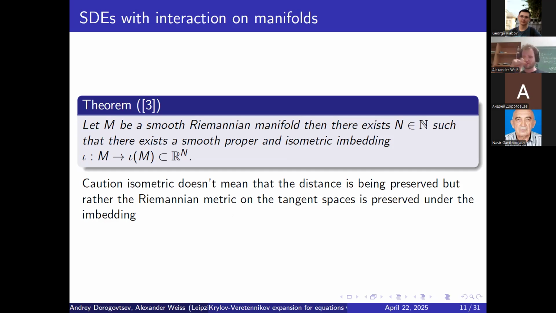I think it's something like 2 times d plus 1. But it is not necessary for our considerations. There is a control of this number n. The better your manifold, the better the control is, but we don't care in our investigations.